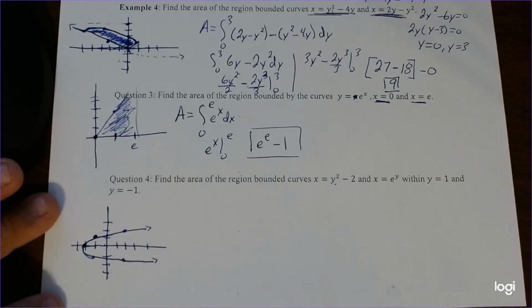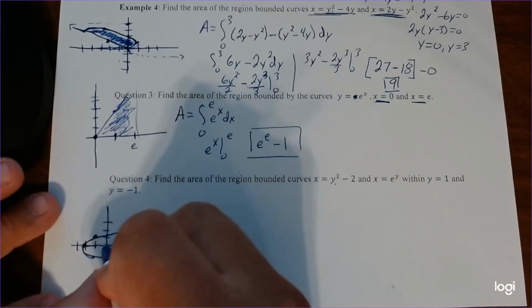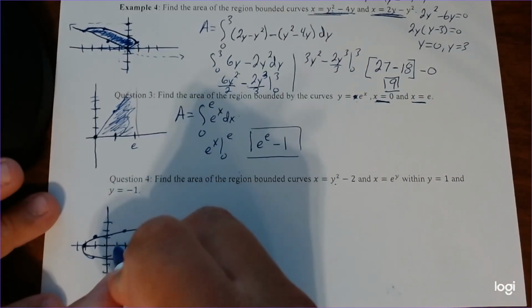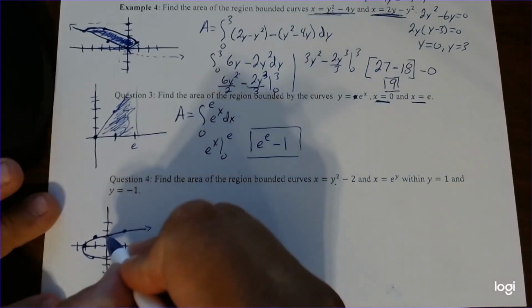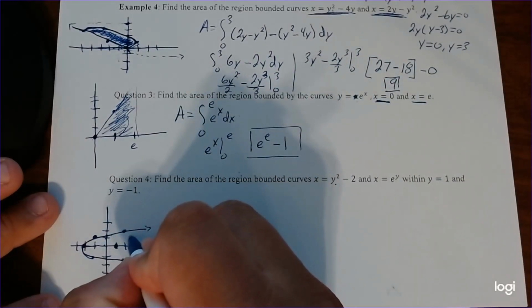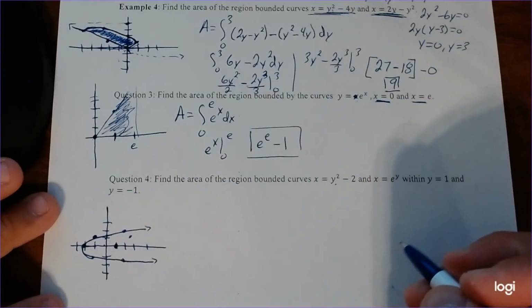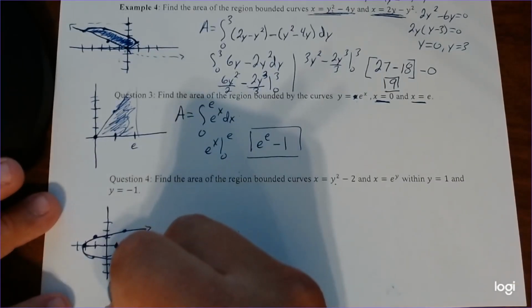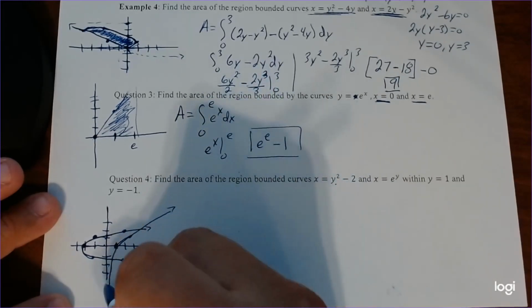And x equals e to the y. So when y equals 0, we get x equals 1, which is right here. When y equals 1, we just get e, so roughly a little higher than 2. Okay. And if you guys don't remember, e to the x kind of looks like this. So it's going to cut it like that, in this direction.